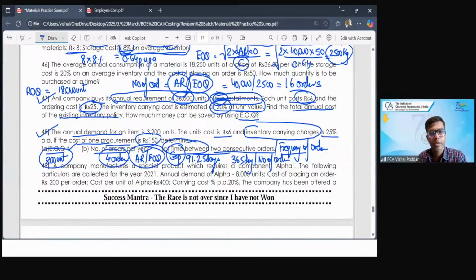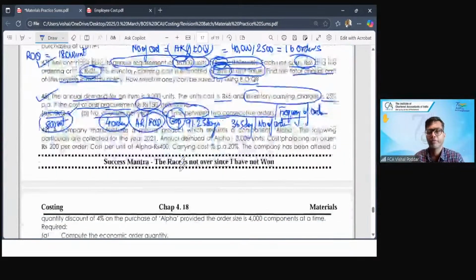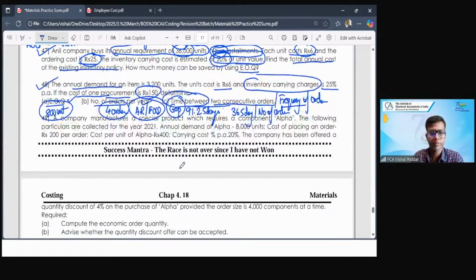The number of orders we calculated is 4. If nothing is mentioned, you will take 365. In certain questions, they may ask you to take 360, 350, 300. Then you will take that number of days. Otherwise, you will take 365. So 365 upon number of orders, which is 4, you get 91.25. Perfect.